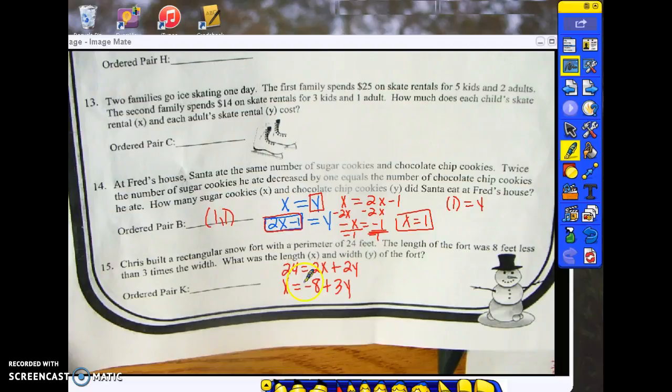I'm going to take what x is equal to and substitute x in the other equation. 24 equals 2 times (-8 plus 3y), plus 2y. 2 times -8 is -16. 2 times 3y is 6y. 6y plus 2y is 8y.